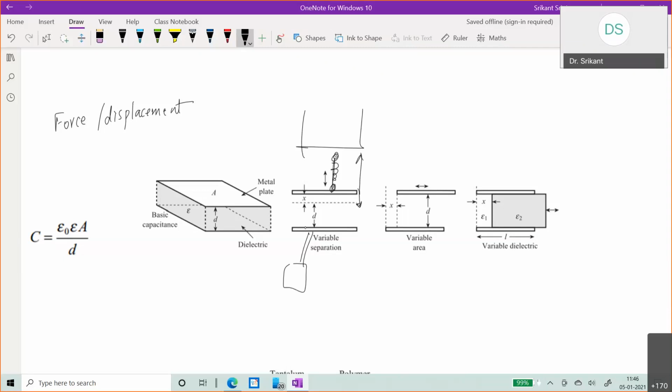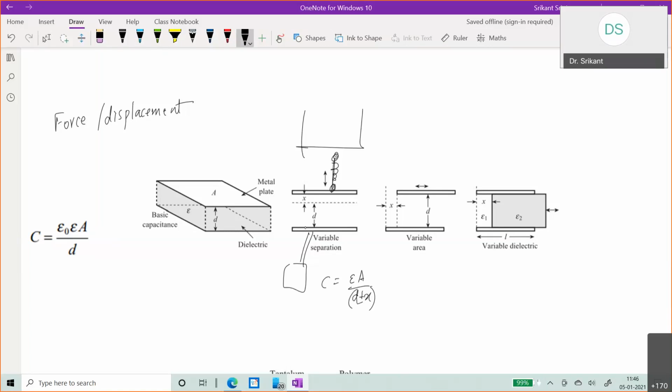As you change the distance between the plates, the effective capacitance changes. What is the capacitance now? C is epsilon A by (D plus or minus X). If I increase the distance between them, it's D plus X, and otherwise it's D minus X. So it's a simple measurement.